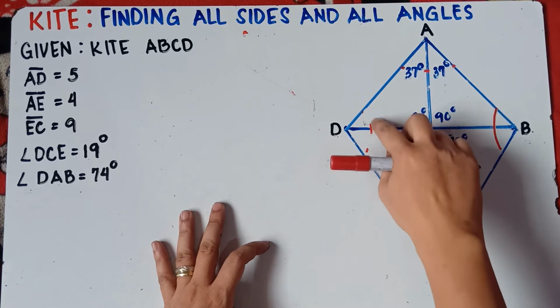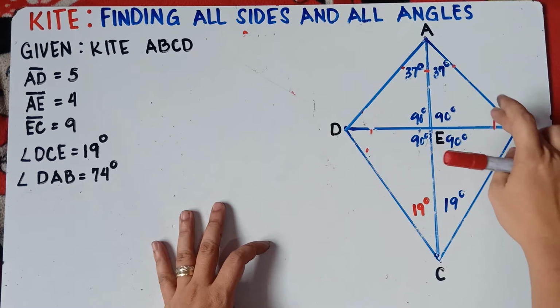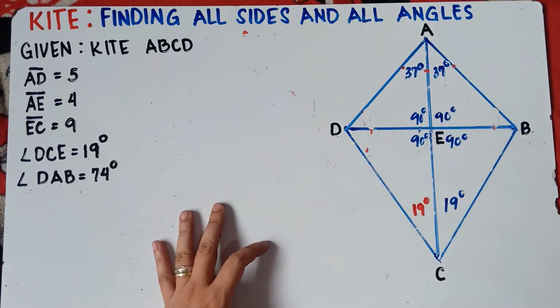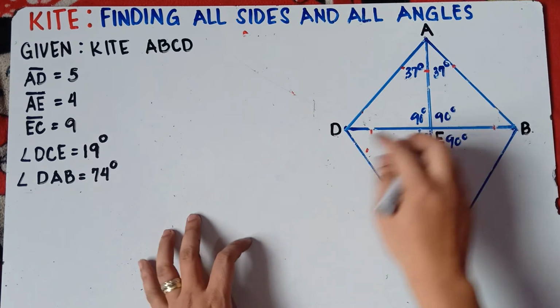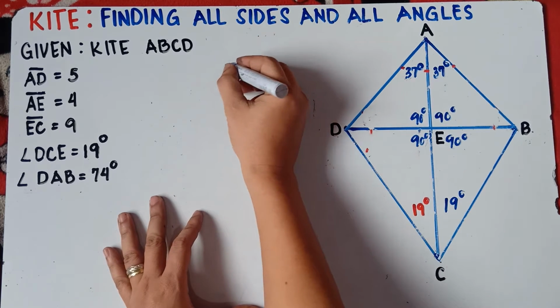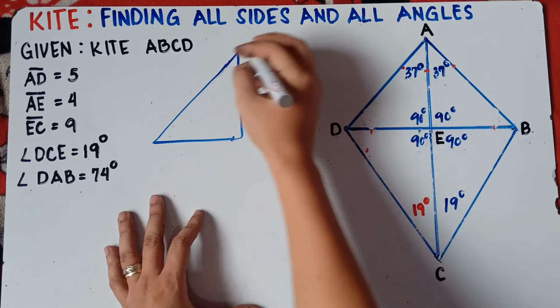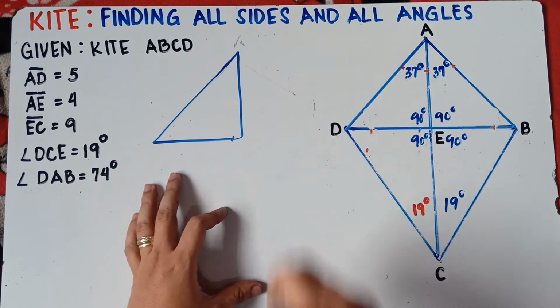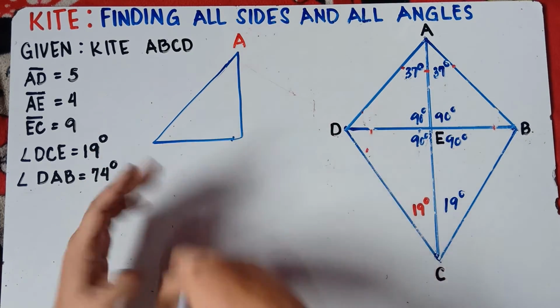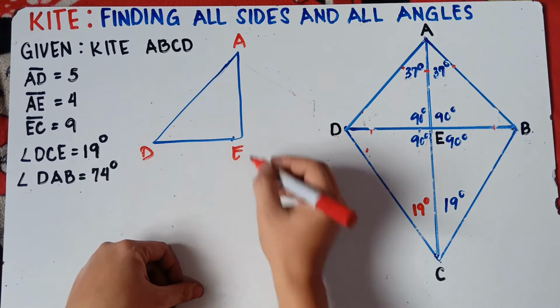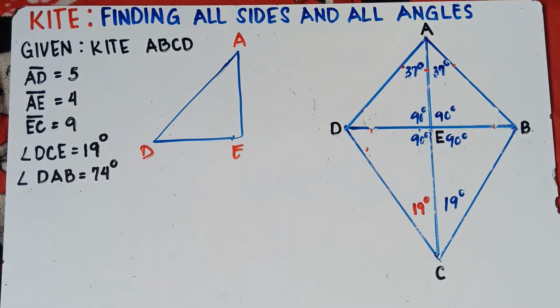Alright, so to get this angle right here, class, we have a right triangle. Let me just draw this one, class. If we draw this triangle right here, we have, let me write it in red, A and DE. So we have ADE. This is a right triangle, right?